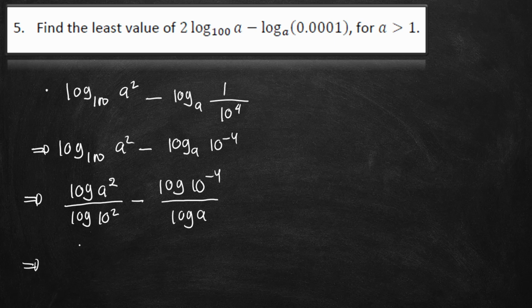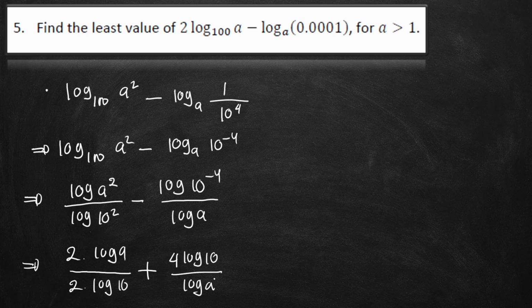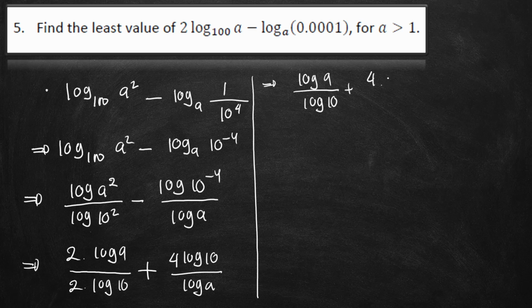Or I can write it as 2 times log a divided by 2 times log 10, minus, so this minus 4, we can move it here, so it will become plus 4 log 10 divided by log a. So our final result is log a over log 10 plus 4 times log 10 divided by log a.